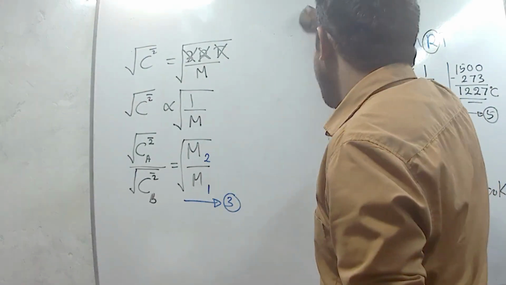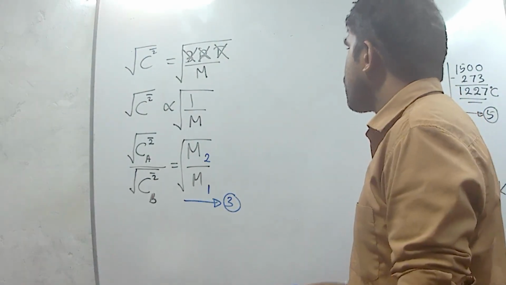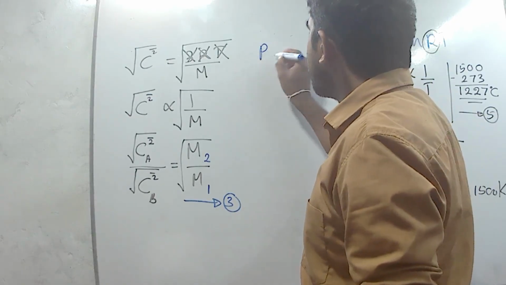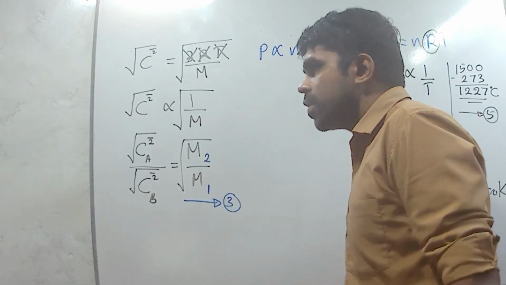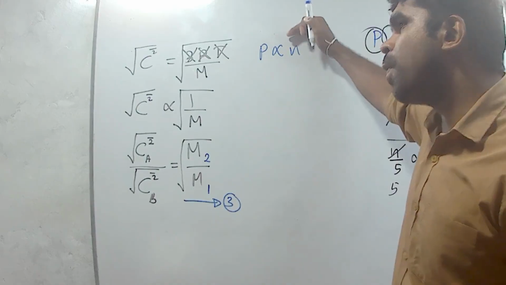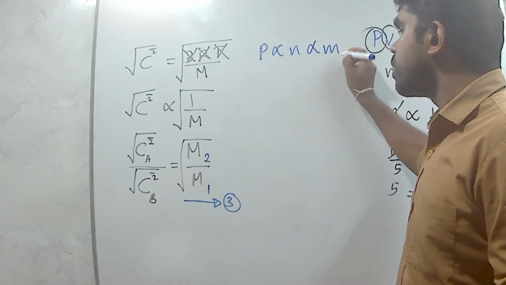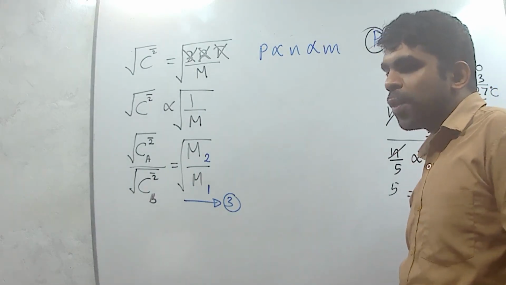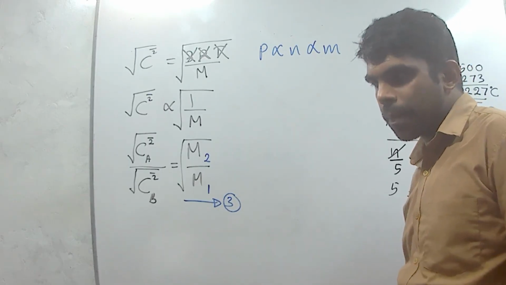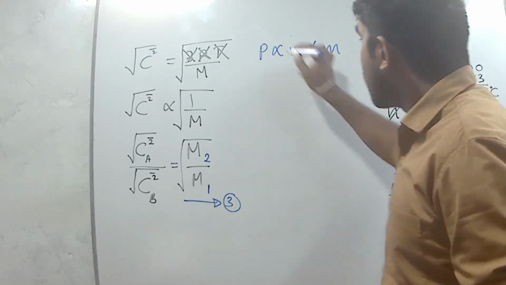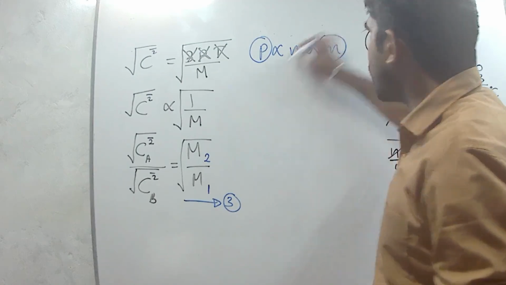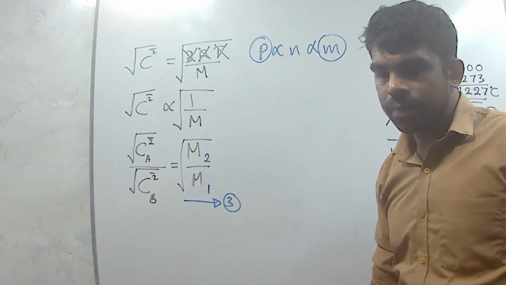According to PV equals nRT, we know that pressure is directly proportional to number of moles. And number of moles is directly proportional to mass of the gas in the container. Then we can get pressure directly proportional to mass.